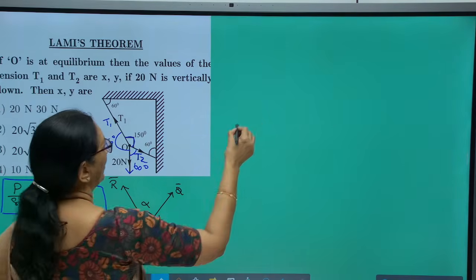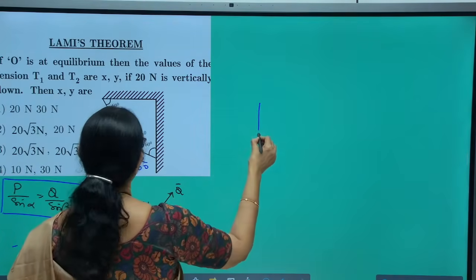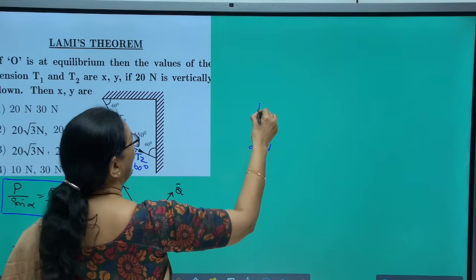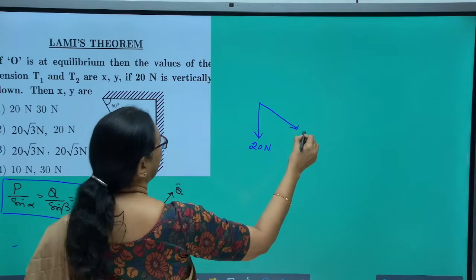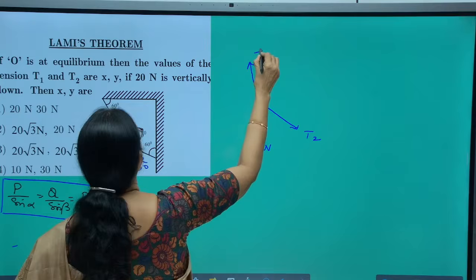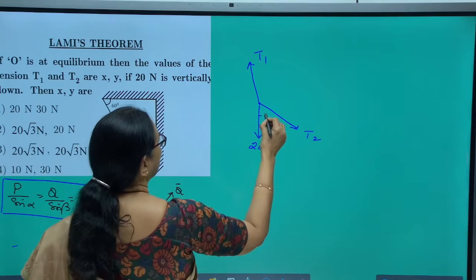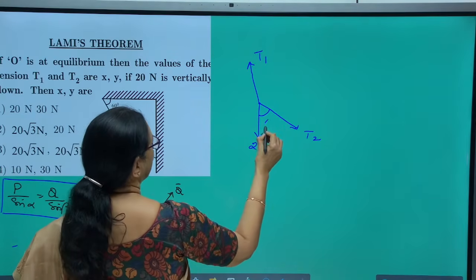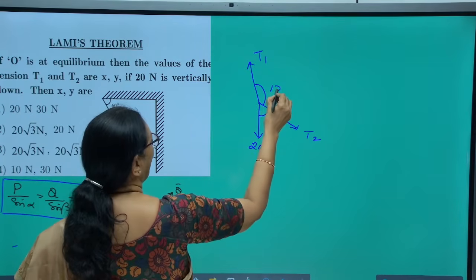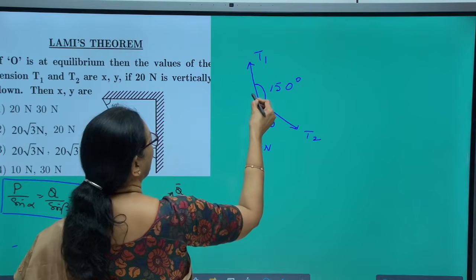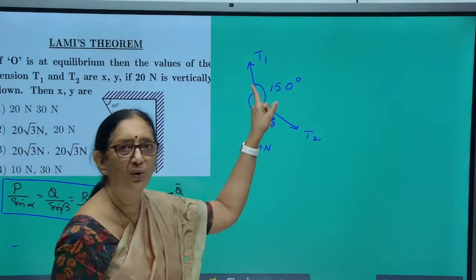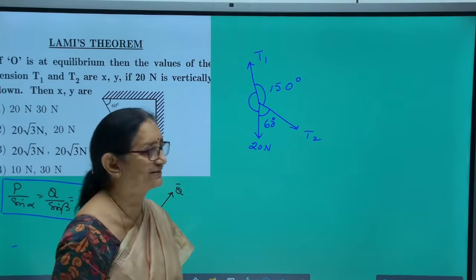So, I am redrawing that. See, this is the 20 Newton force, this is tension T2 and this is tension T1. This angle is given as 60 degrees and this angle is given as 150 degrees. Even if it is not mentioned in the diagram, the total angle is 360 degrees.